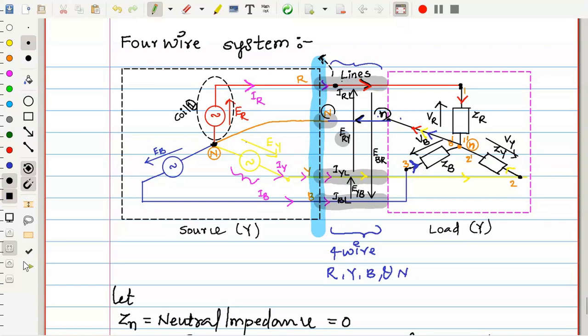Try to observe, line currents are from source to load, neutral current is load to source. This you must make an important observation, and this I am referring to as capital IN. Neutral current is capital IN. Right.